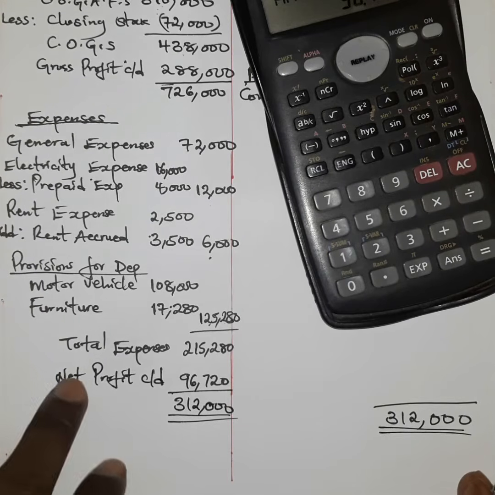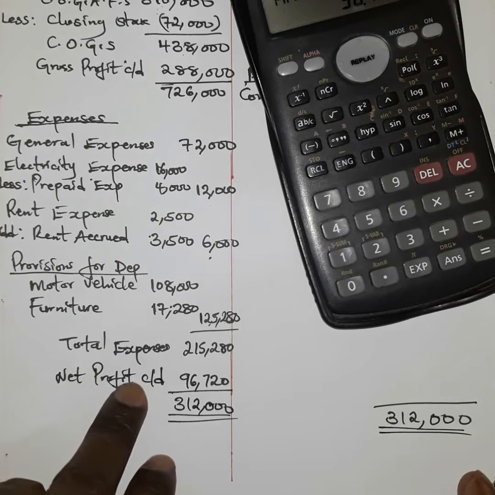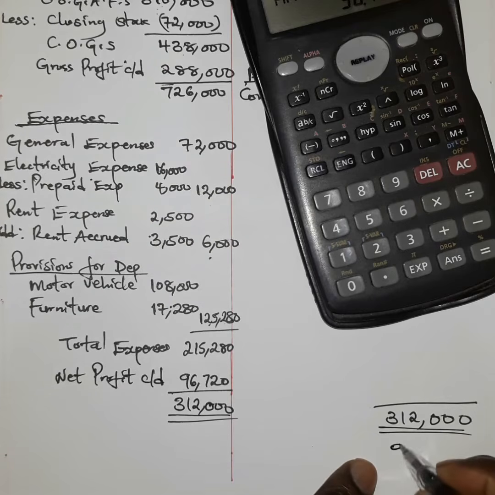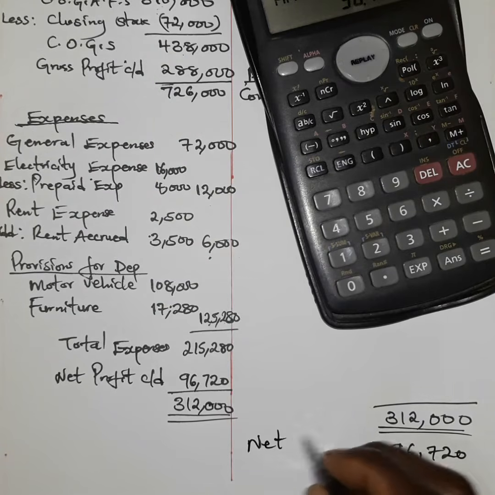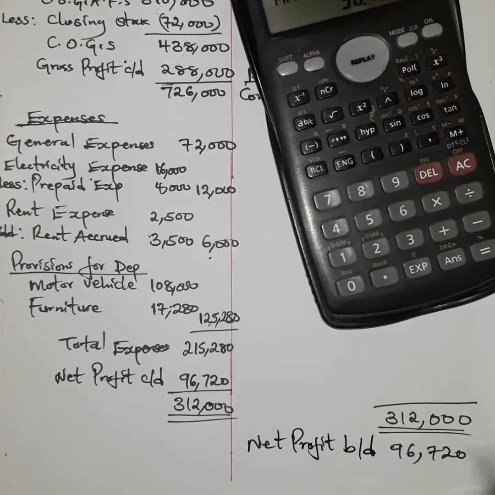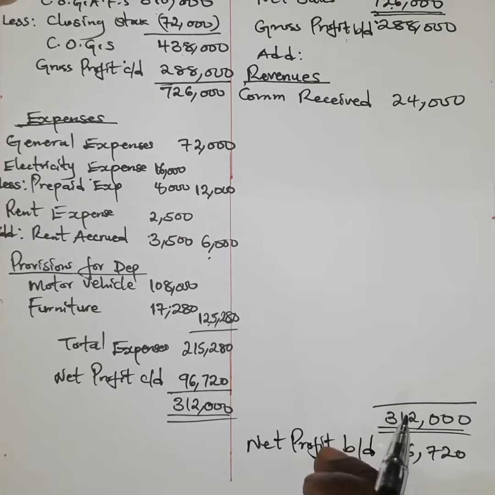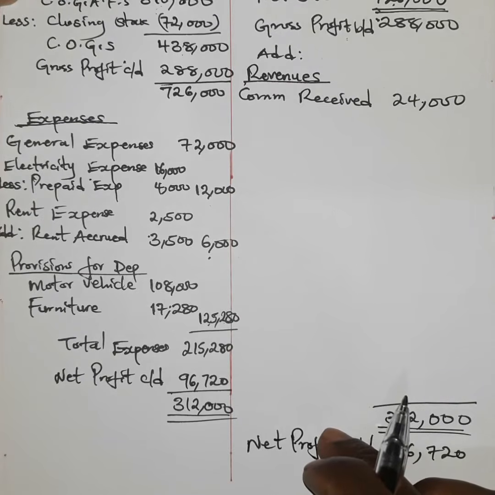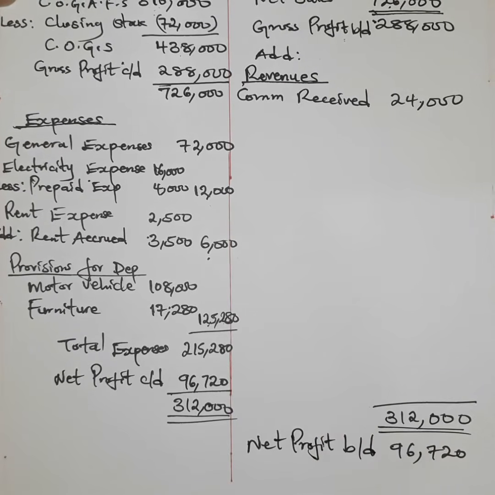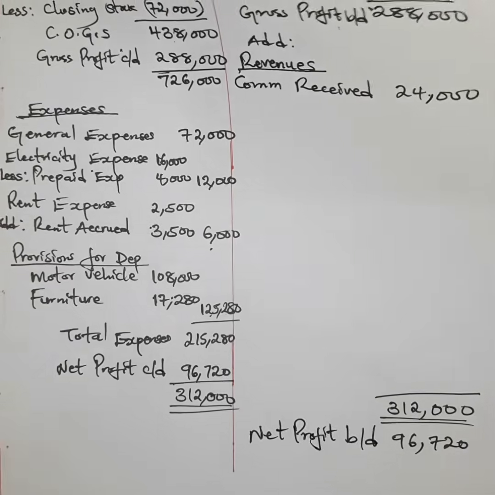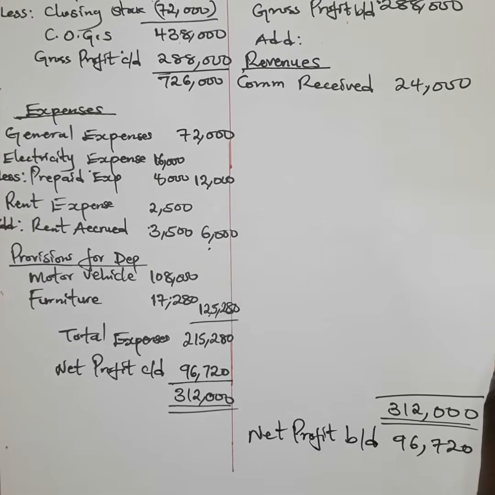The net profit is being carried down, so it is supposed to be brought down on the credit side. I give it the name net profit brought down. Now this one will be transferred to the balance sheet and added to the capital as we work out the balancing of the balance sheet.